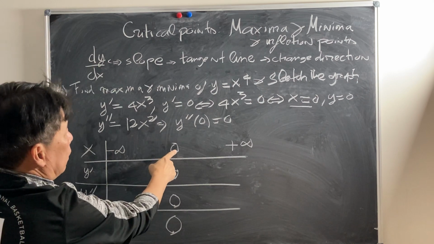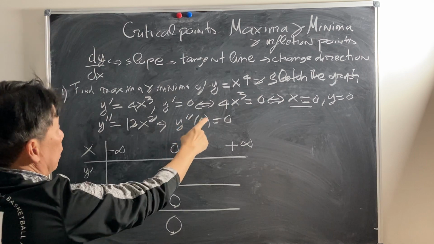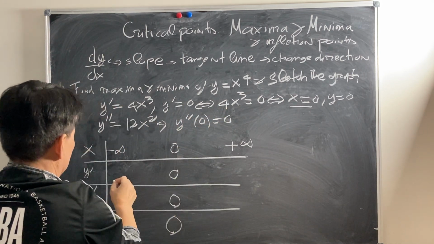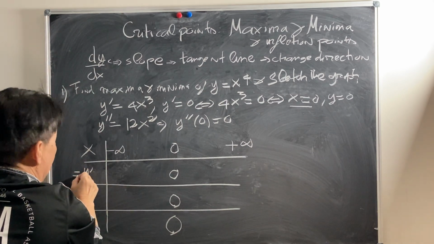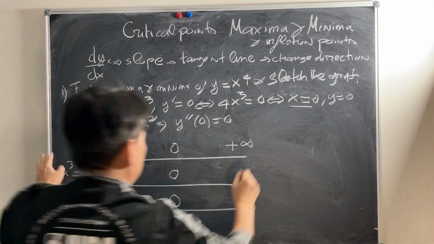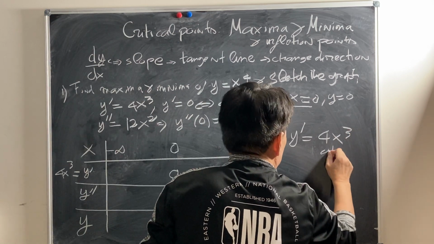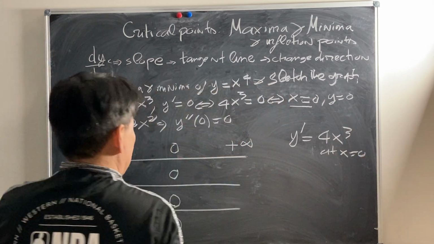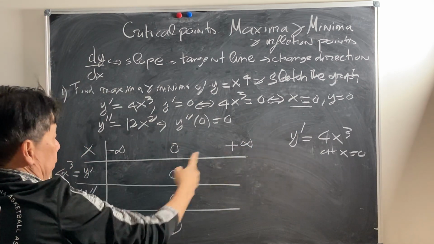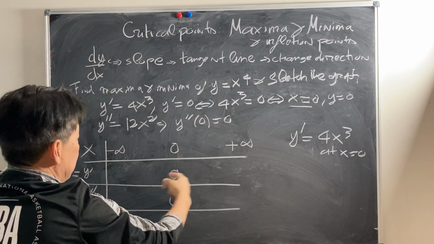Okay, so when x equal 0, now we need to consider the sign of y prime equal 4x^3. So at x equal 0, y prime equal 0, but now on the left of 0, let's see the sign of y prime.